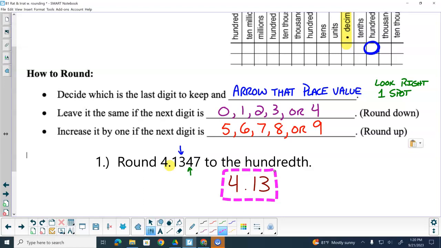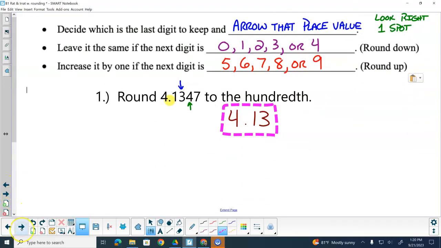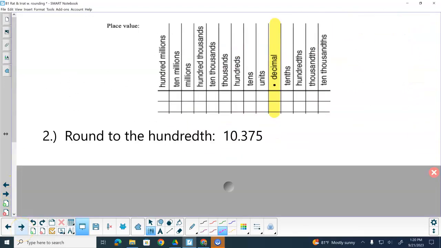In number 2, it says round again to the hundredth. The hundredth is still 2 spots to the right of our decimal point. So 1, 2, that's the 7. Then I look to the next digit, which is 5.